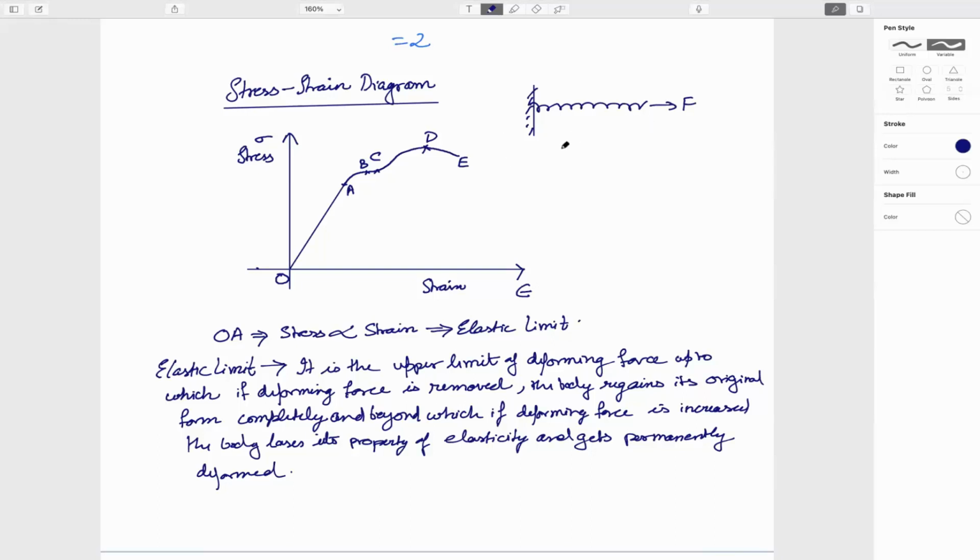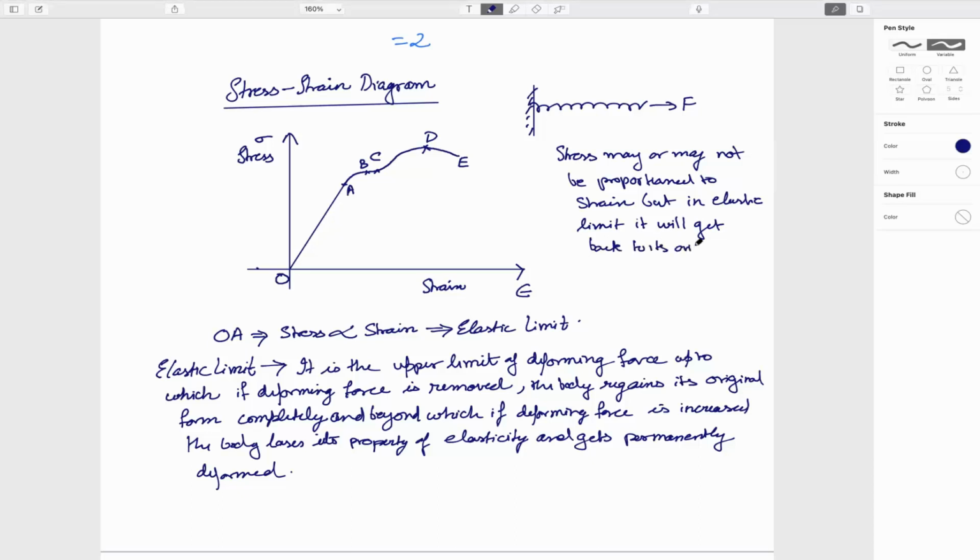Then stress may or may not be proportional to strain, but within the elastic limit, it will get back to its original position.